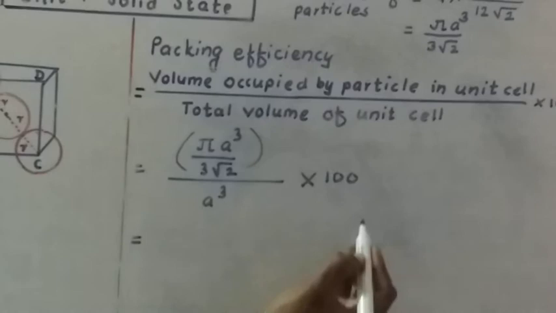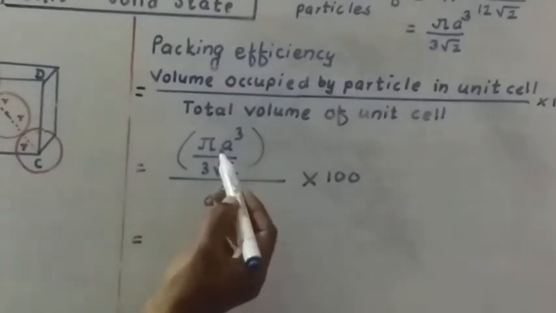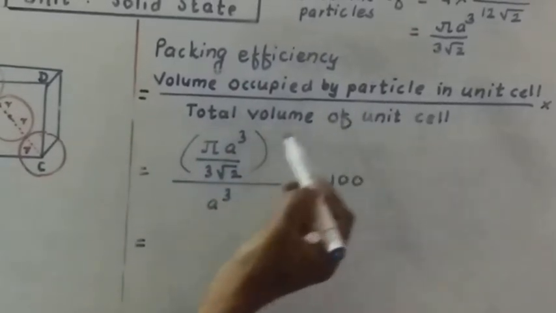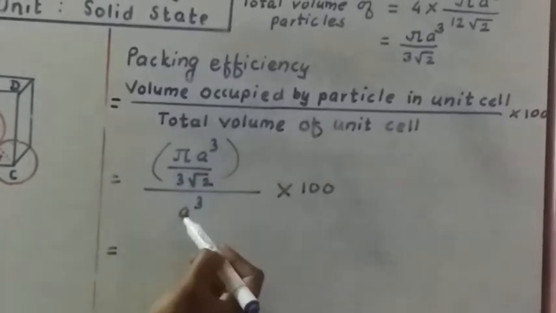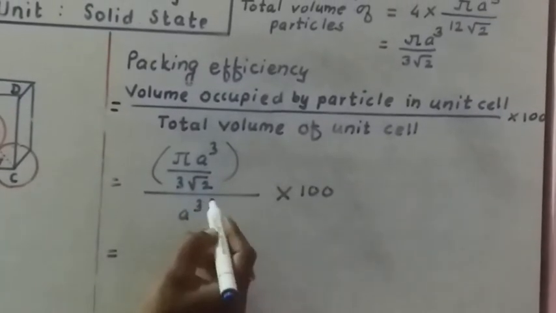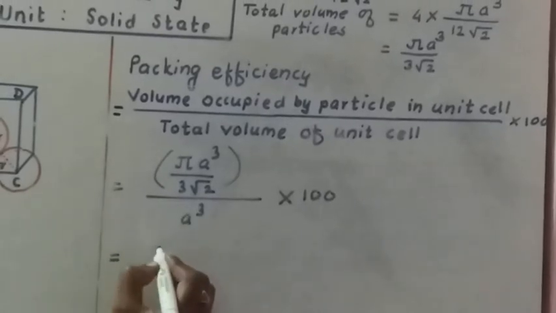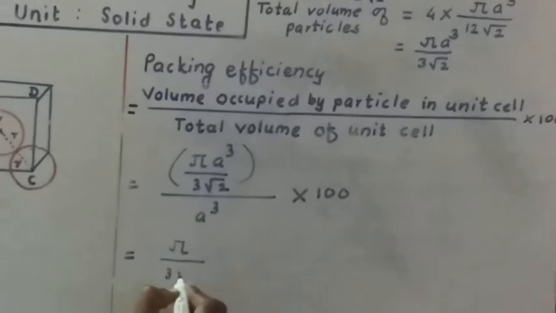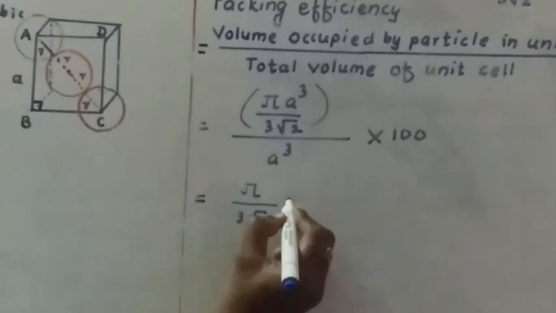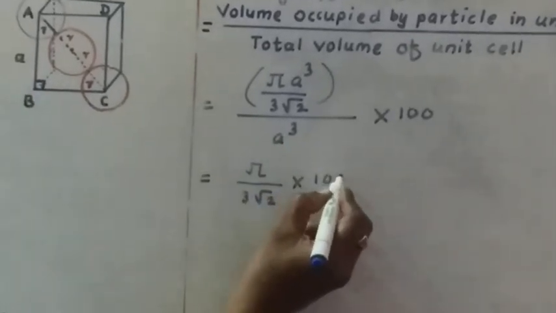So this a cube will get cancelled. So pi upon 3 root 2 into 100.